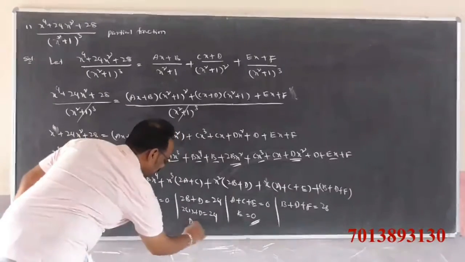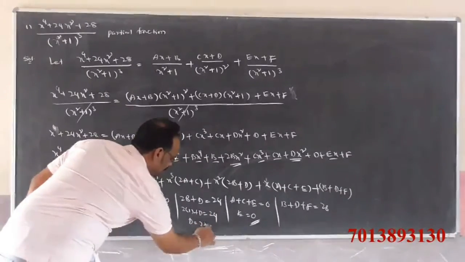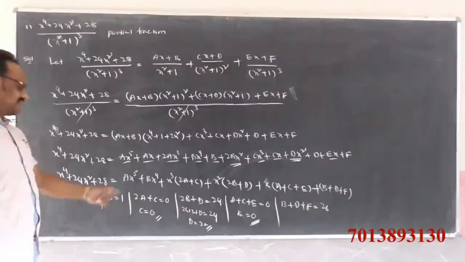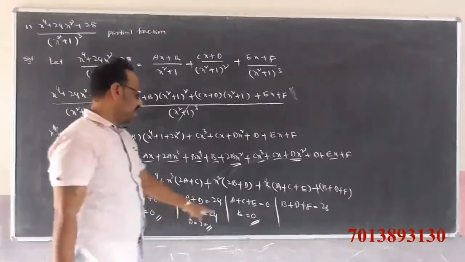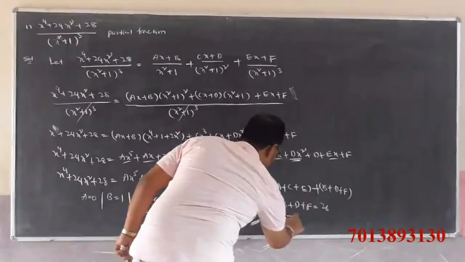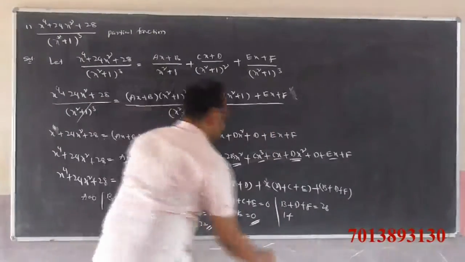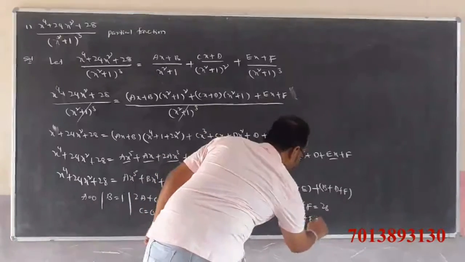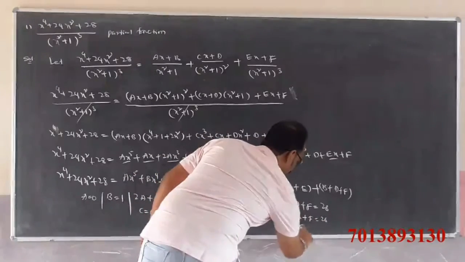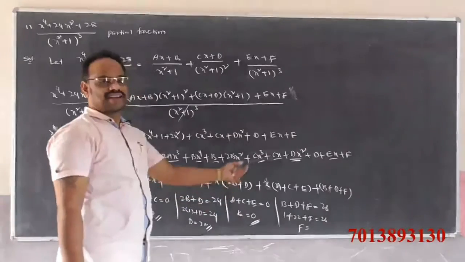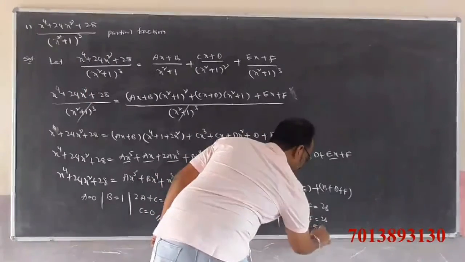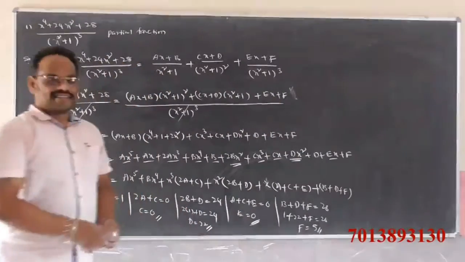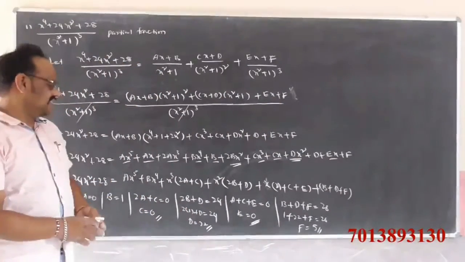D is equal to 24 minus 2, which is 22. So we know the A, B, C, D, E values. B value 1 plus D value 22 plus F is equal to 28. We want the F value. F is clearly 28 minus 23, which is 5. Those are the values of A, B, C, D, E, F.